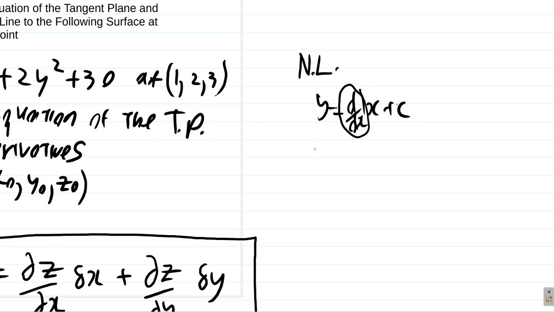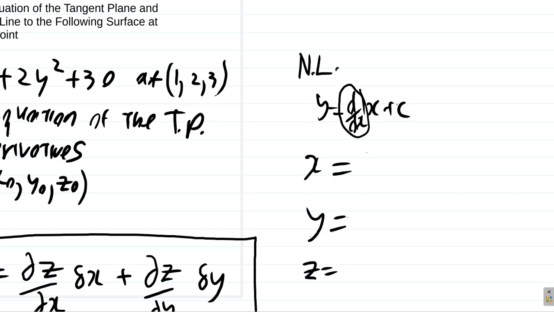So let's use t. So y is equal to gradient. Well, not just y. Let's do this again. You're going to have x equal to something, y equal to something, z equal to something.